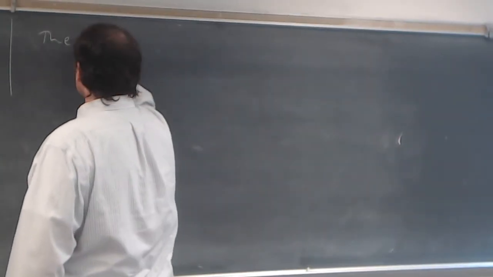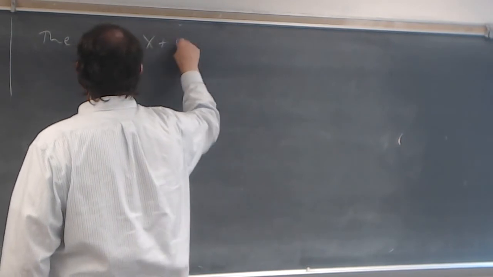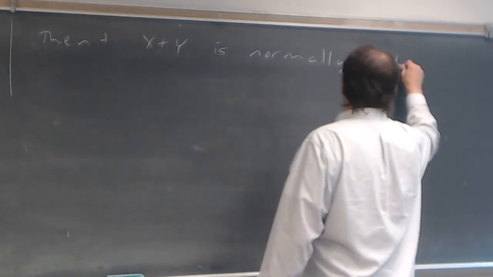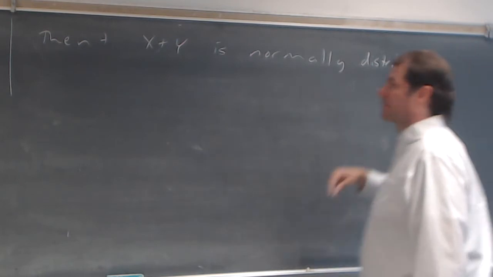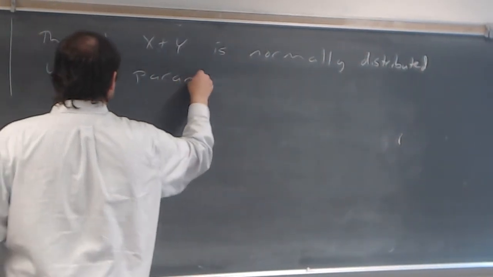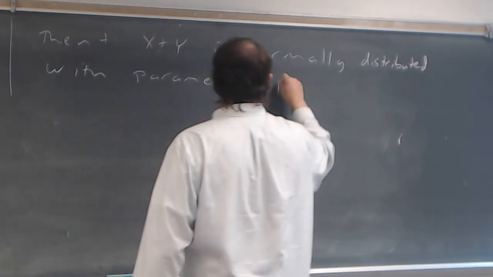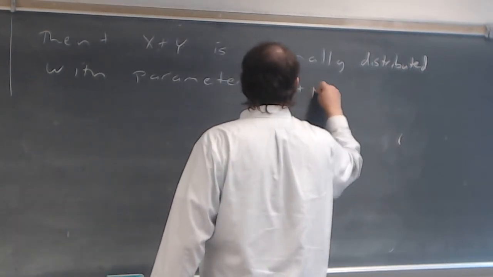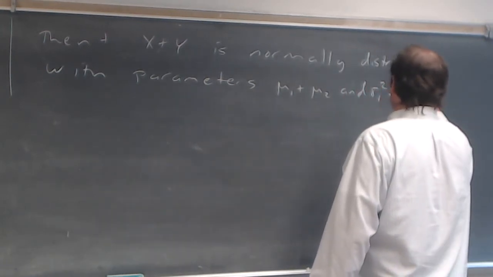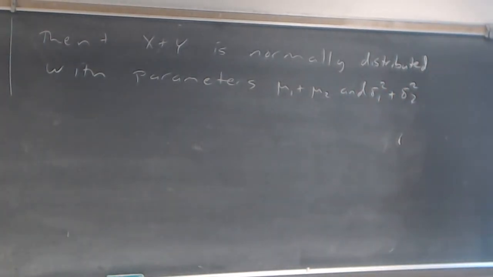Then X plus Y is normally distributed with parameters mu 1 plus mu 2 and sigma sub 1 squared plus sigma sub 2 squared. So that's the fact that I wanted to list.